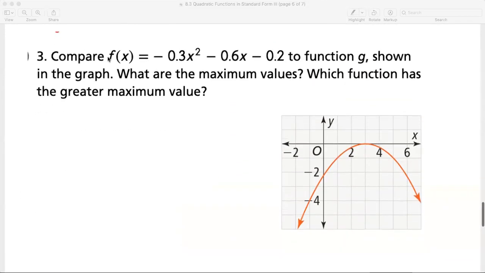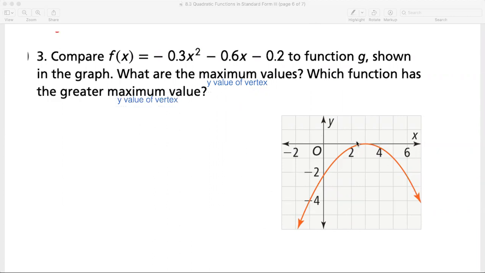All right, compare the function, and here's a function, to this function g shown here. What are the maximum values? Which function has the greater maximum value? When they say maximum values, that means y value of vertex. So we just need to look at which one has the greater y value of vertex.